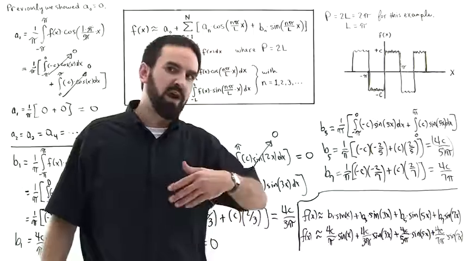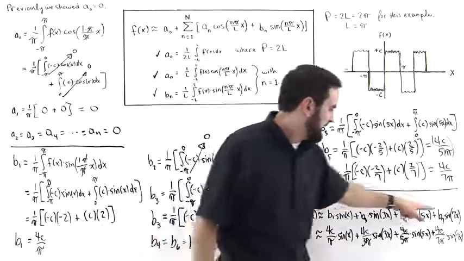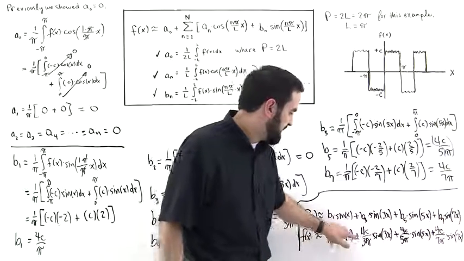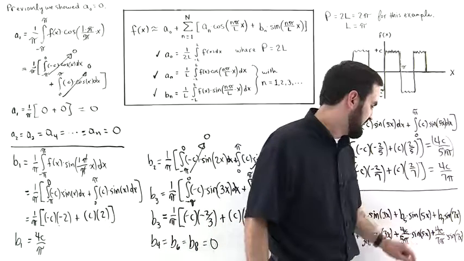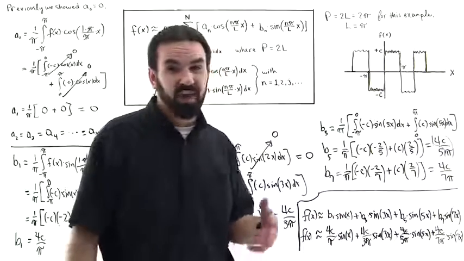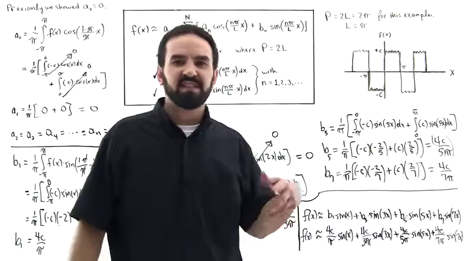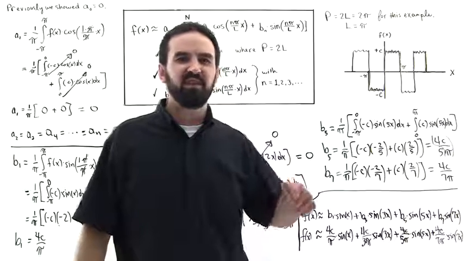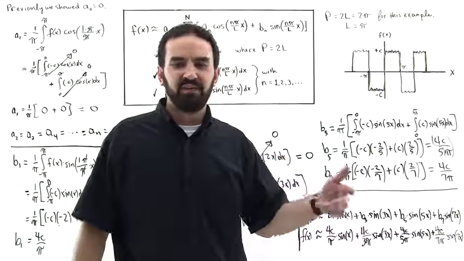So now you can just write down a bunch of terms. If you look at this final thing here, you could just write 4c over pi times sine of x, plus 4c over 3 pi times sine of 3x, plus 4c over 5 pi times sine of 5x, plus 4c over 7 pi times sine of 7x, plus 4c over 9 pi times sine of 9x, plus 4c over 11 pi times sine of 11x, plus 4c over 13 pi times sine of 13x, plus 4c over 15 pi times sine of 15x, and so on.